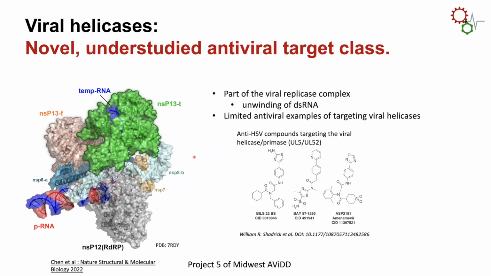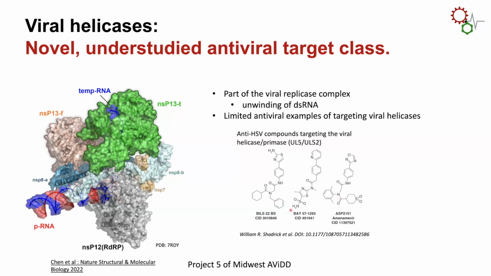Because of that, people have perceived viral helicase as a good target for next antiviral inhibitors. However, not many have actually been realized in terms of developing compounds targeting viral helicase as an antiviral target.